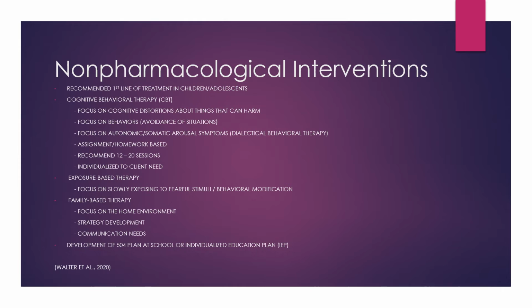Focusing on autonomic and somatic arousal symptoms, a version of CBT called dialectical behavioral therapy, or DBT, is really good at looking into that parasympathetic activity during anxiety and addressing deep breathing, mindfulness, the presence of cold or hot sensations, and how that can stimulate a vagus nerve reaction to calm down that anxiety response.